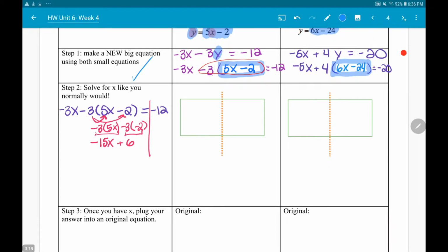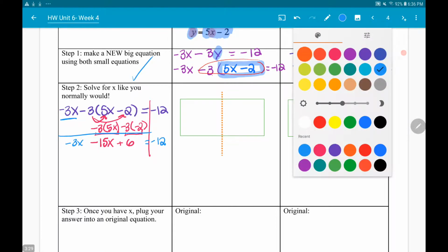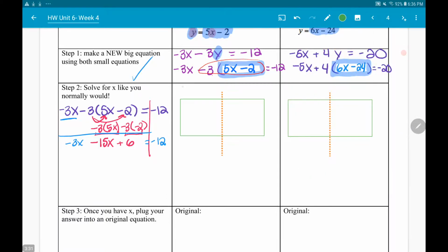And I can't forget about those other numbers, so I bring it down. All right, so this is my new equation that I'm going to put up here: negative 3x minus 15x plus 6 equals negative 12.